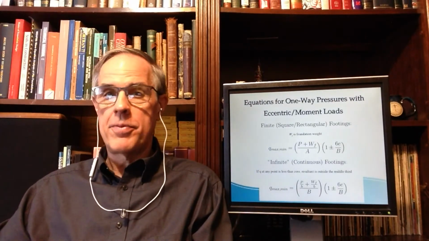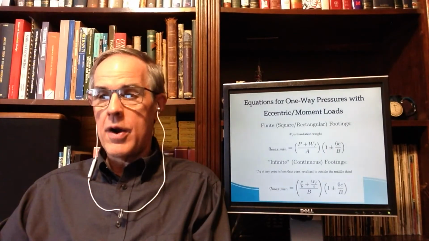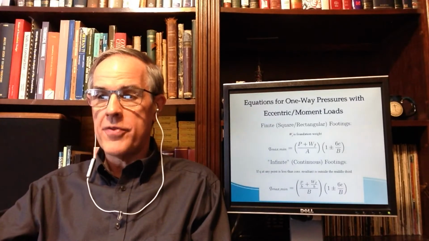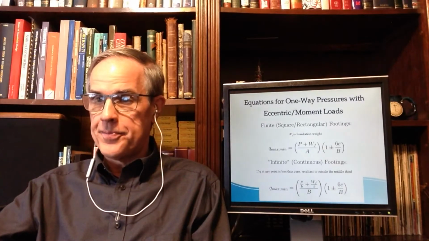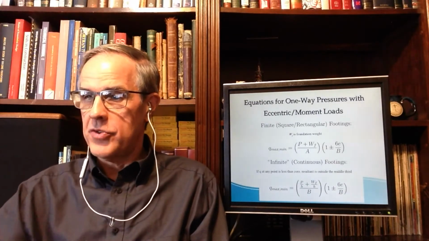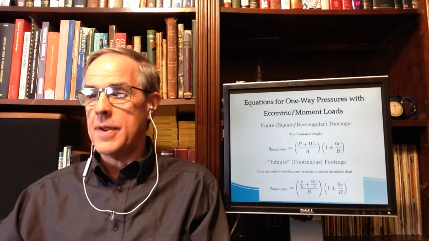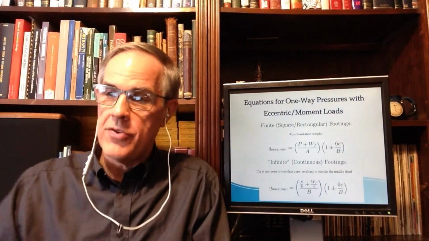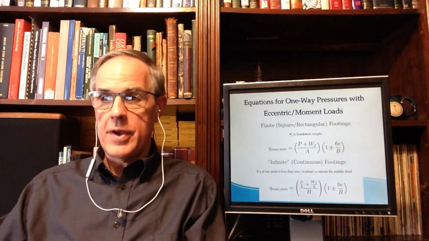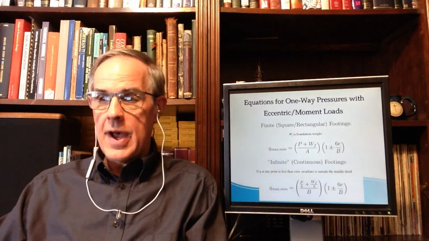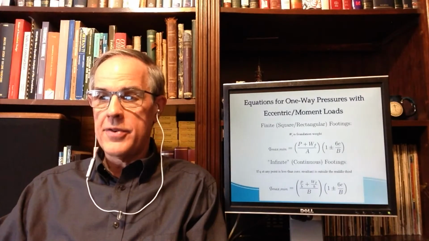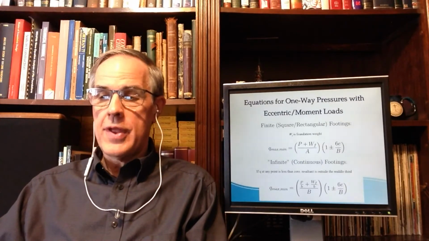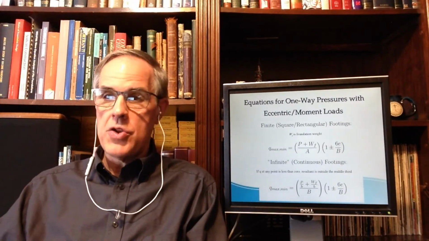So these formulas I'm presenting to you here are basically P plus WF over A, which should be the area of the foundation. P plus WF over the area of the foundation times 1 plus or minus 6 times the eccentricity over B. Therefore, if you did that, you get Qmax, Qmin, and you would know.